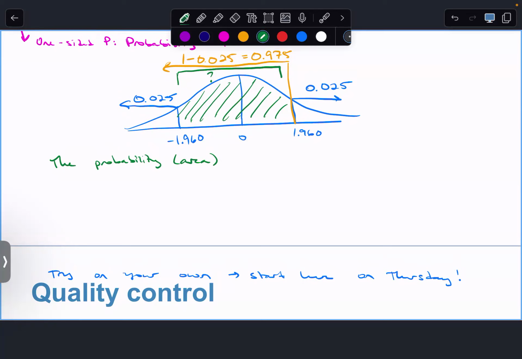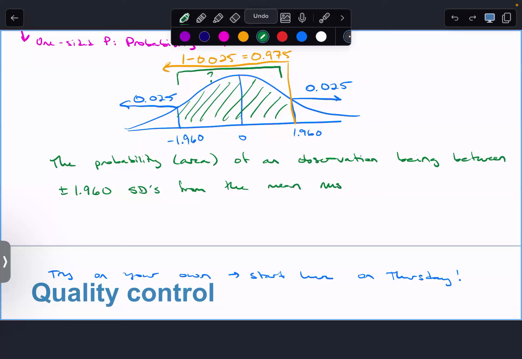So the probability of an observation being between plus minus 1.96 standard deviations from the mean must be 0.975 minus 0.025.